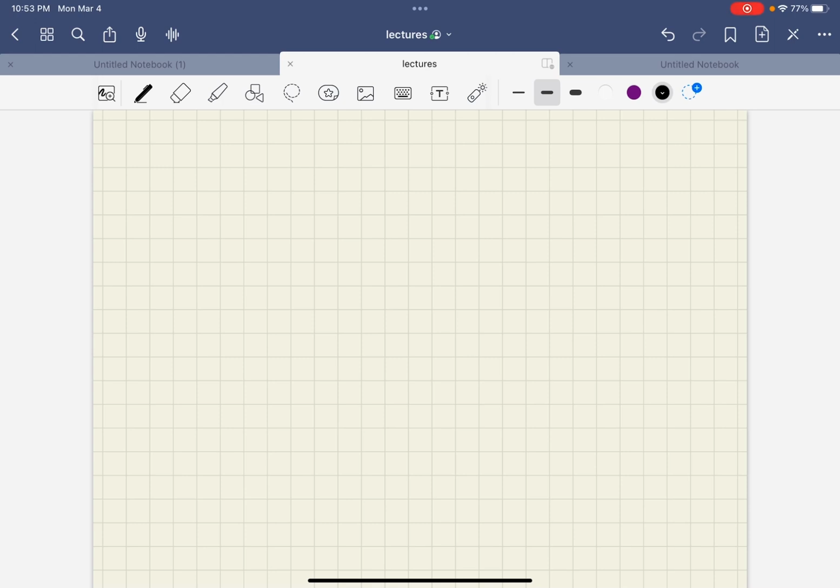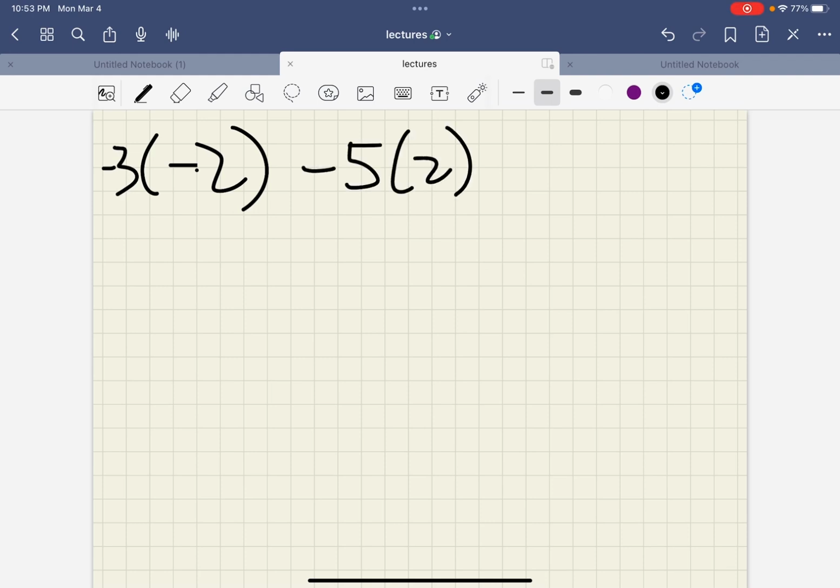All right, let's try another one of those. Letter E. Negative 2, and it has a negative 3 here. Those are multiplied, and then minus 5 times 2, and then plus 3 times negative 4. So the way the book showed you was to break it up into sections. It's fine, but I think if you look at it, you can see the sections.